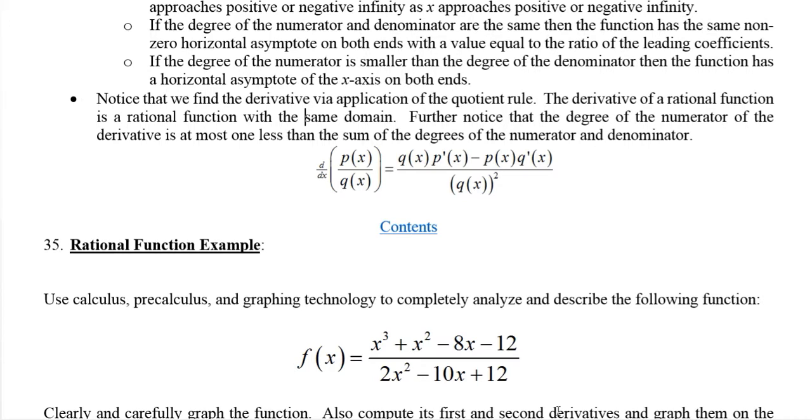Go back and analyze things like tell me the domain, the range, the x and y intercepts, vertical asymptotes, horizontal asymptotes, holes in the graph, anything that might be kind of interesting about this function, try to find that out. So what I'd like you to do now is work on that yourself, and then come back and check your results with me as you go forward. So press pause now.